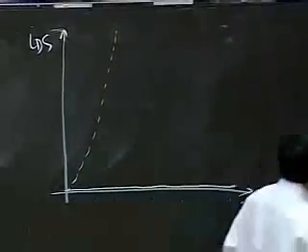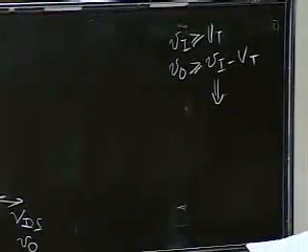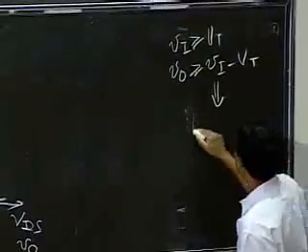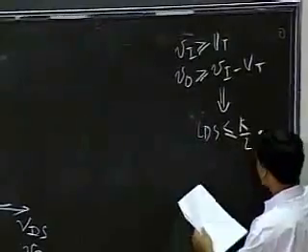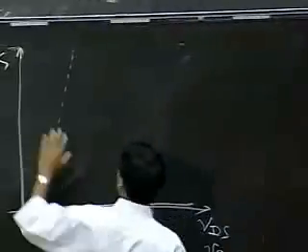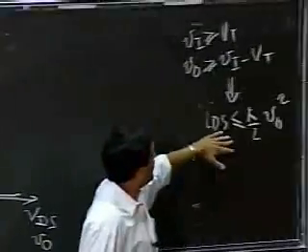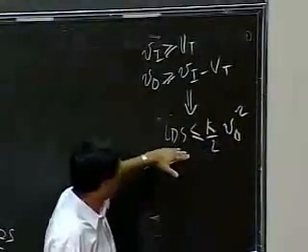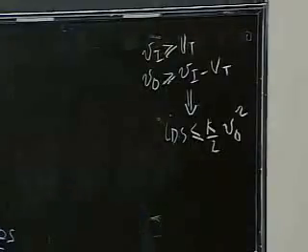Remember that this constraint could be related to the current, as I derived for you in the last lecture, as follows: IDS being less than or equal to K divided by 2 V naught squared. So in terms of my IDS versus VDS relation, this latter constraint is equivalent to IDS being less than K by 2 V naught squared.